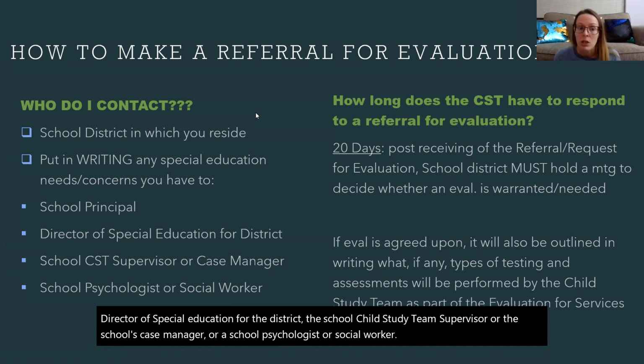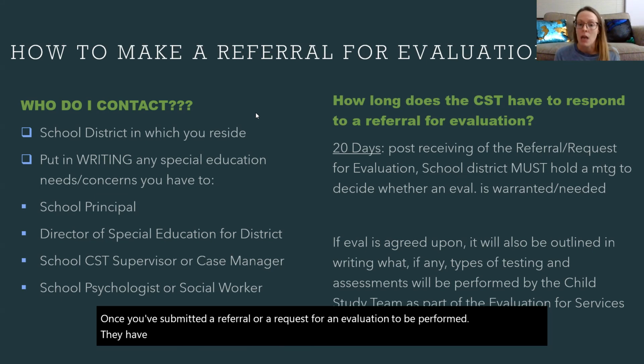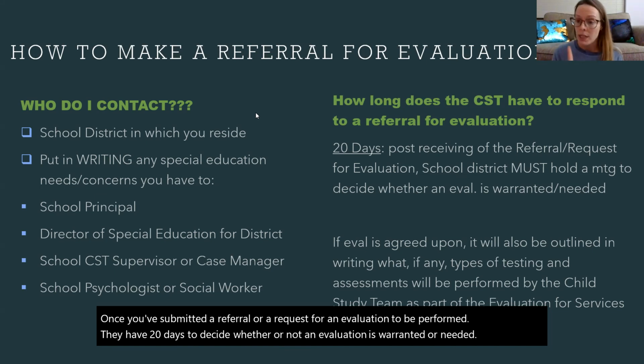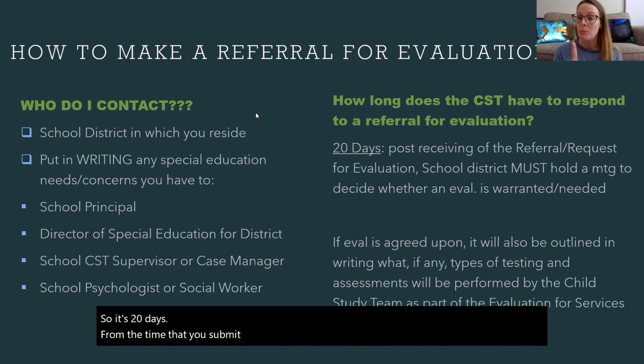Once you've submitted a referral or a request for an evaluation to be performed, they have 20 days to decide whether or not an evaluation is warranted or needed. So it's 20 days from the time that you submit a letter or an email saying, hey, my kid is struggling.